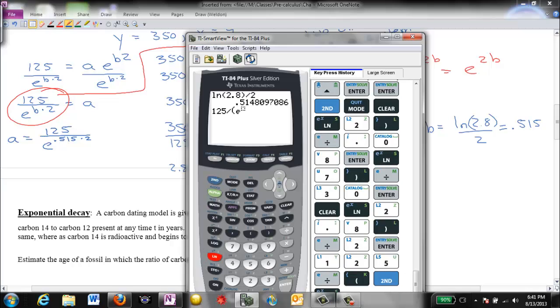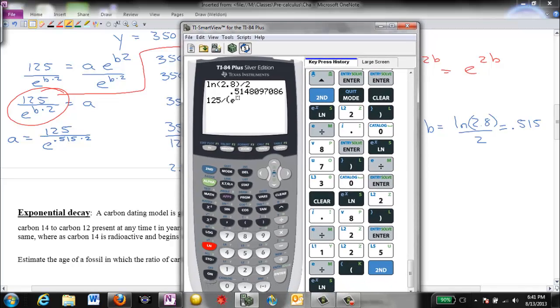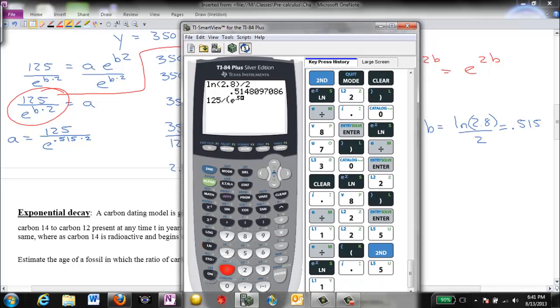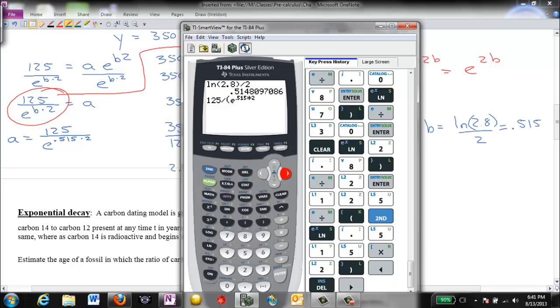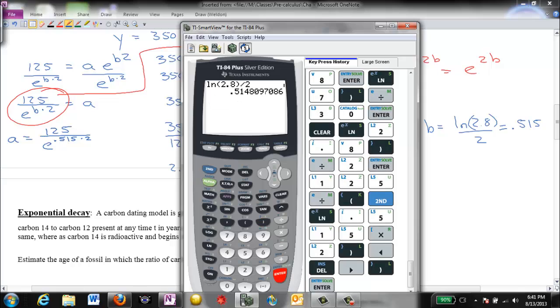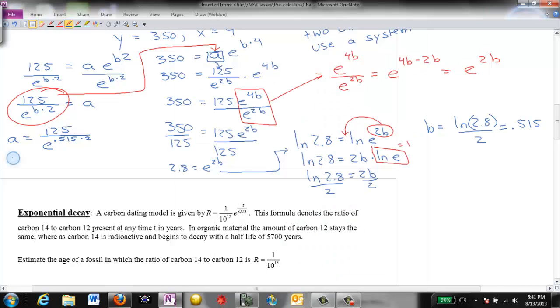Then I'm going to have 0.515 times 2. And then I'm going to close parentheses. You can have the exponent and close parentheses and hit enter. And I get 44.63. Okay, so we're going to say a equals 44.63.